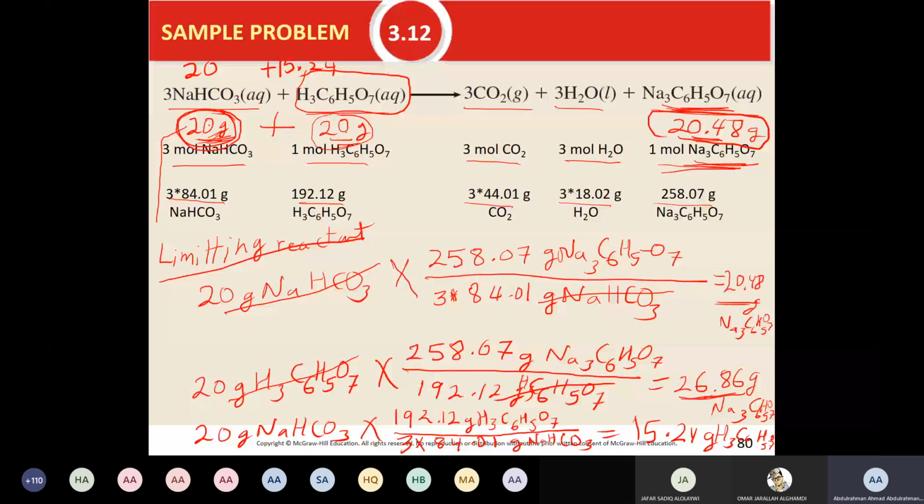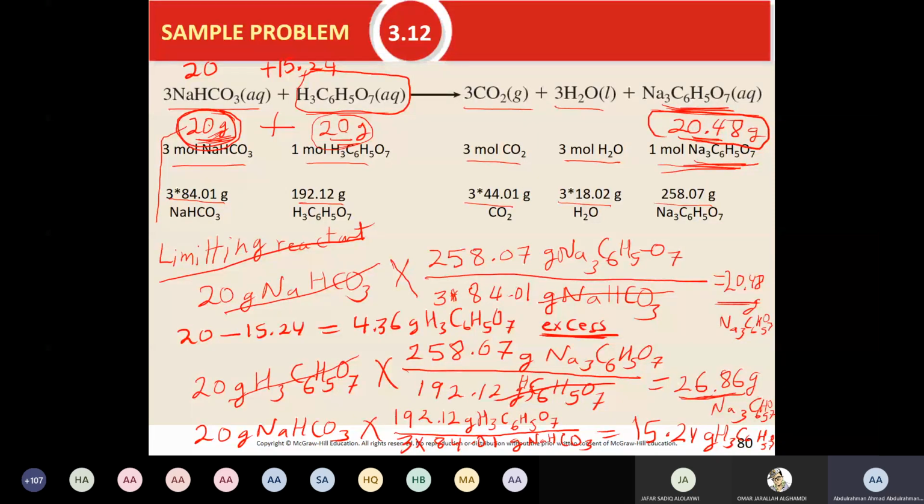How about I start to do 20 minus 15.24, which is about 4.36 gram of H3C6H5O7 will be excess. This means we are not going to use it in the reaction. It will be extra. Is this clear?